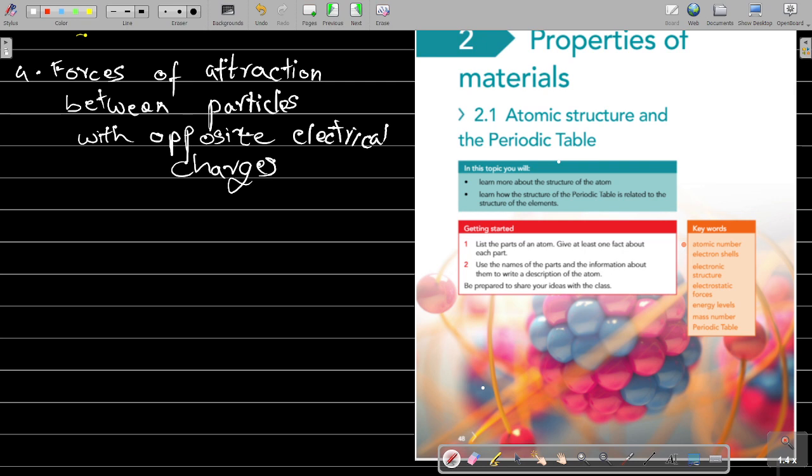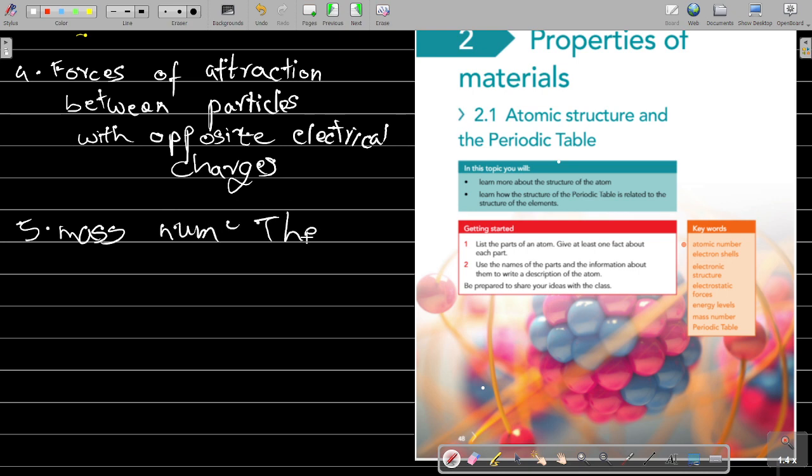What's the fifth keyword? Energy levels. That's so important, but it almost combines with electron shells. So let's see that later. Fifth one, mass number. Very important. Mass number and atomic number is very, very important. Mass number.